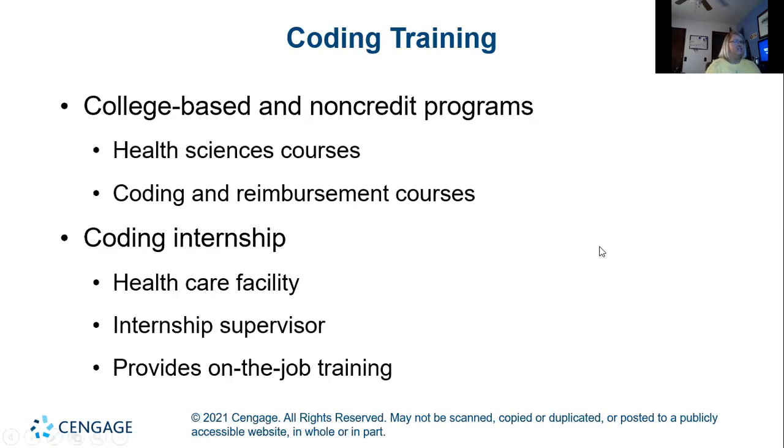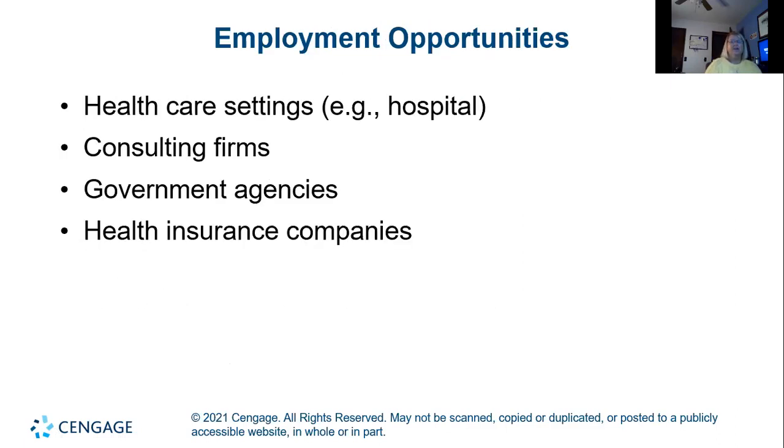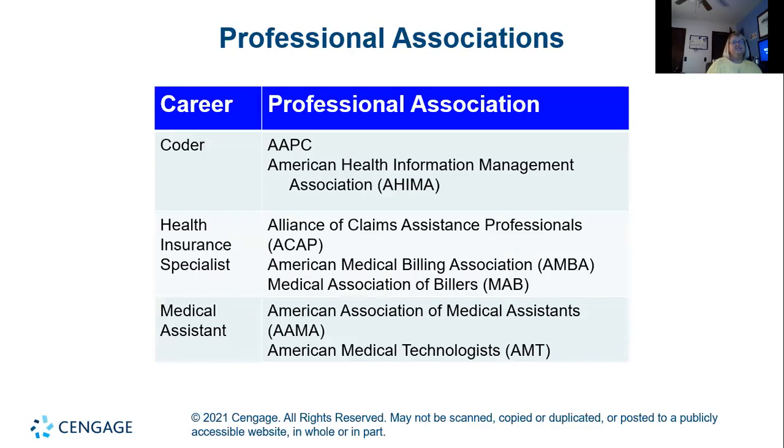Internships, working at facilities, it could be clinical facilities with a physician, or it could be hospital or outpatient surgery. Any type of point of service is involved when it comes to coding. Once you complete a coding degree, you can work in a hospital setting or a clinical office or any place that actually uses ICD-10-CM codes, CPT, and HCPCS.